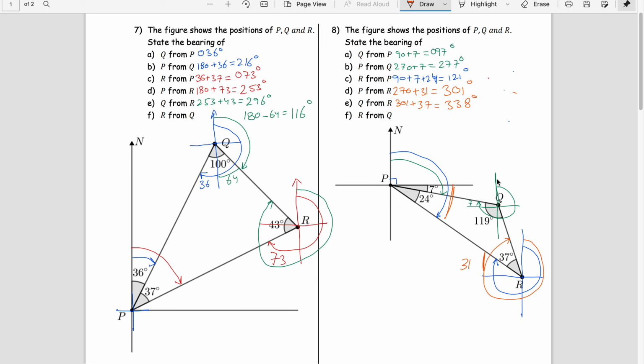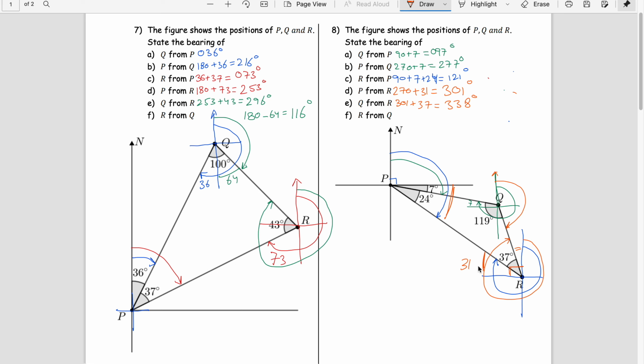Last is R from Q. For R from Q, you start from the north of Q till you reach this line of R. So now I need to know this angle to take it away from 180, or I can find this angle first. This complete section is 90.